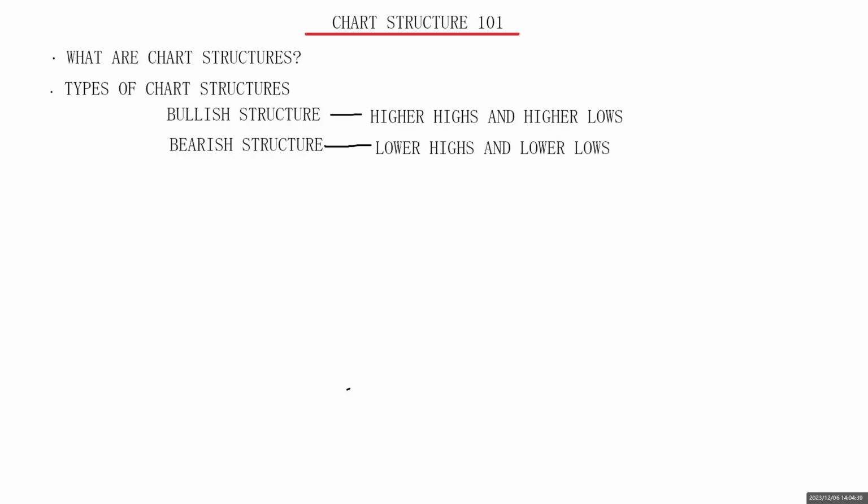It's important to note that when the market keeps making consecutive higher highs and higher lows, like I said, it is a bullish structure. And when the market keeps making consecutive lower highs and lower lows, it is a bearish structure.